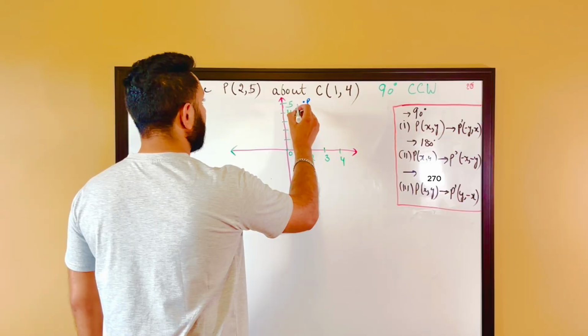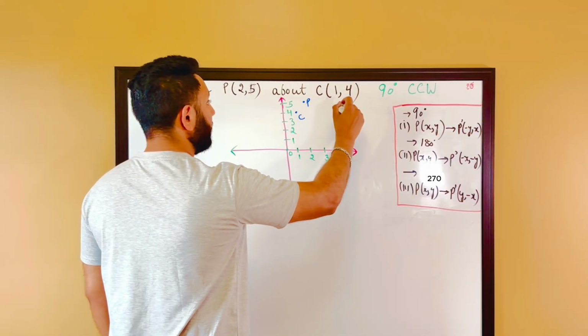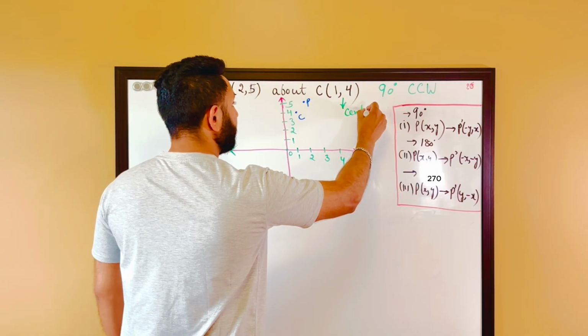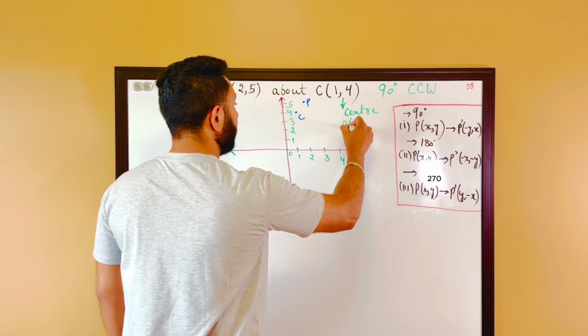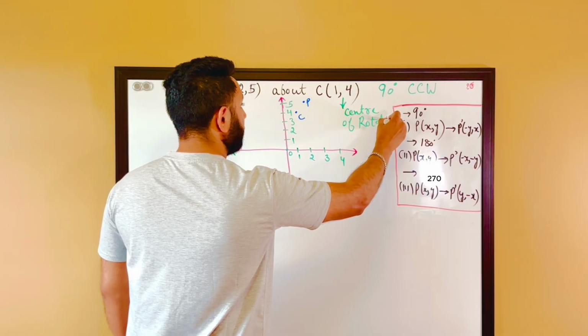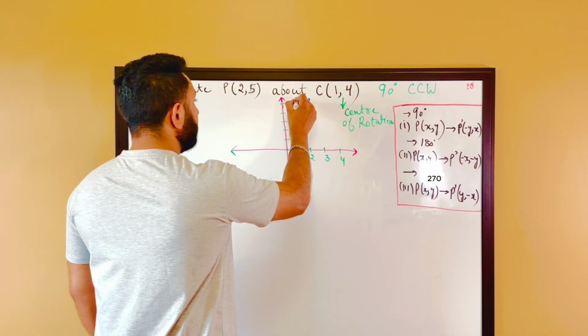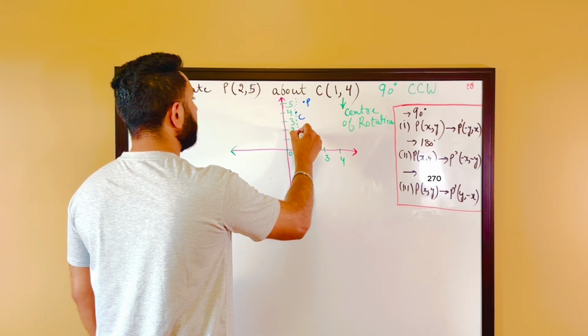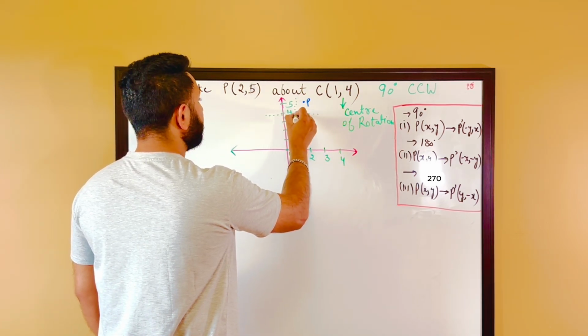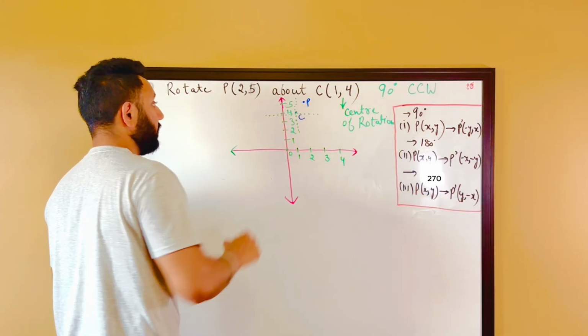So as this is our new center of rotation other than origin, like C, that means this is gonna be our virtual origin.